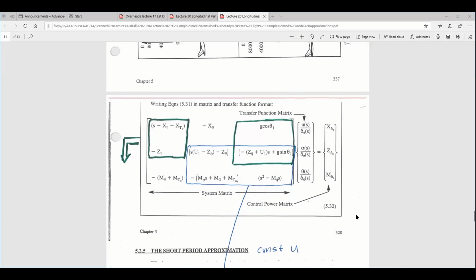So if we go back to your handout where we developed the matrix problem, this is the 3x3 matrix problem that we solved for the three transfer functions, u, alpha, and theta, and those were the transfer functions that we were just simulating. Well, if we first say, okay, we can say the velocity is constant for the short period, that knocks out this degree of freedom.